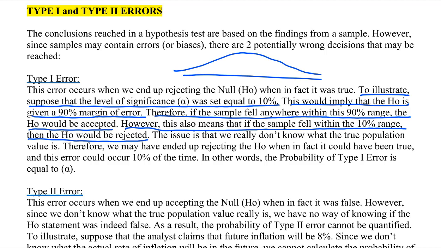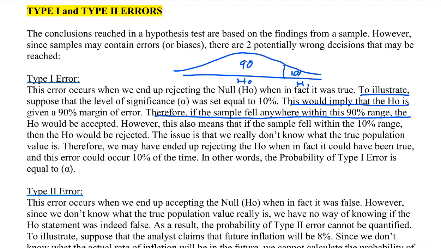Let's say this is the null range, and this would be the alternative range, right? So if the sample falls anywhere here, we would go ahead with the null. But if the sample falls over here, for instance, then that would be in the alternative range, so we would reject the null.